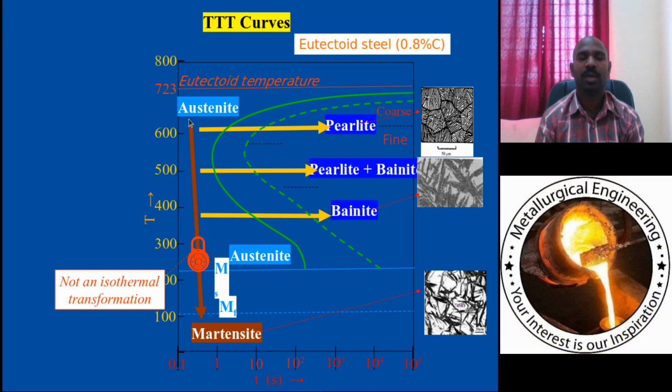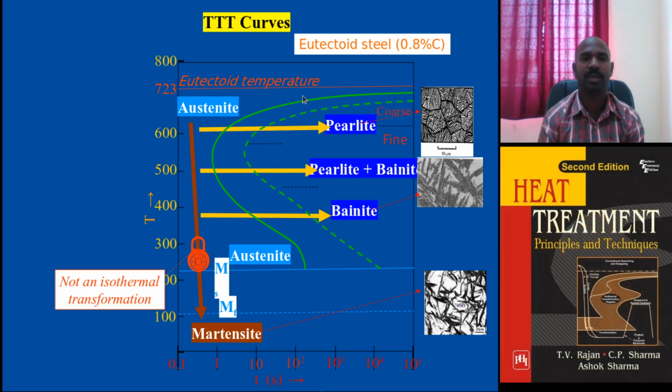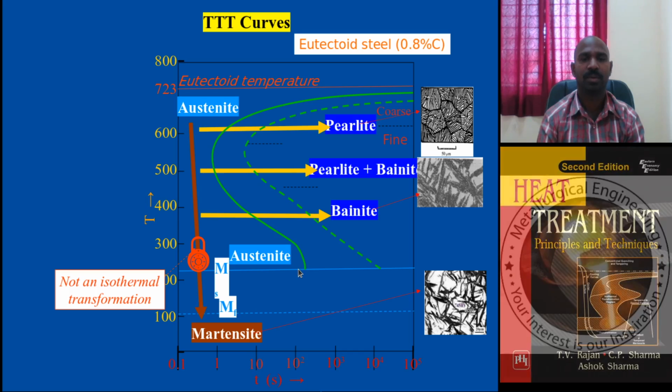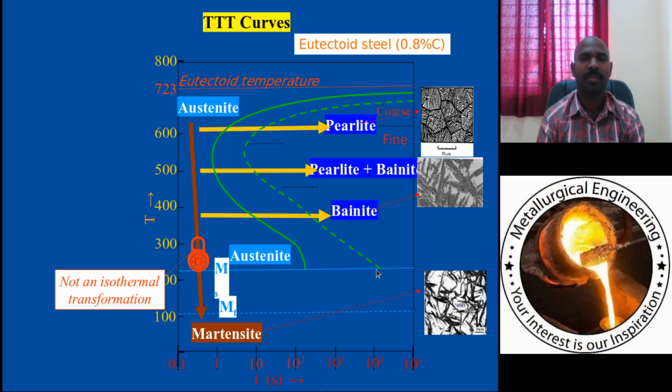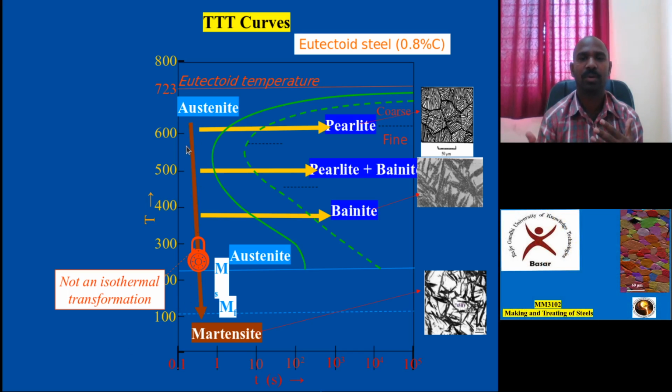If you do fast cooling at this particular temperature, avoiding the nose of the C curve, this is the pearlite starting temperature, pearlite finishing temperature, this is the martensite starting temperature, and martensite finishing temperature line. This gives a good idea, and that is why it is included.